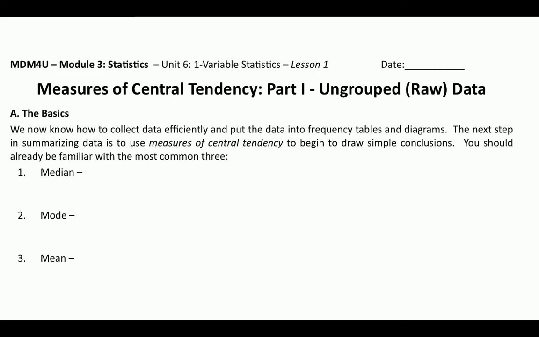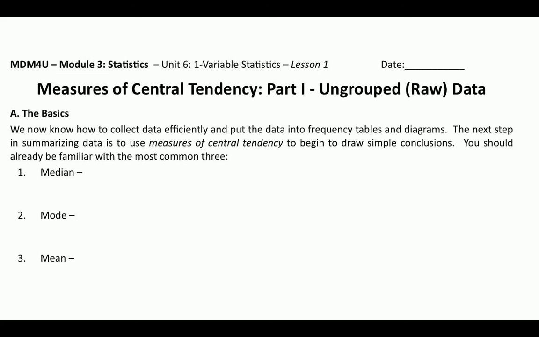Then in the second lesson, we'll look at weighted means, and how to calculate a mean when you have grouped data, or data that you've put into intervals. It's already in the frequency table, and you don't have the original data points. So that will be lesson 2.